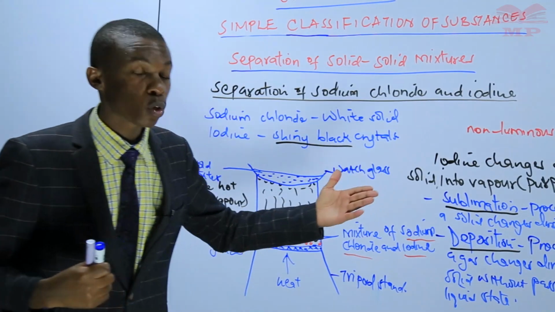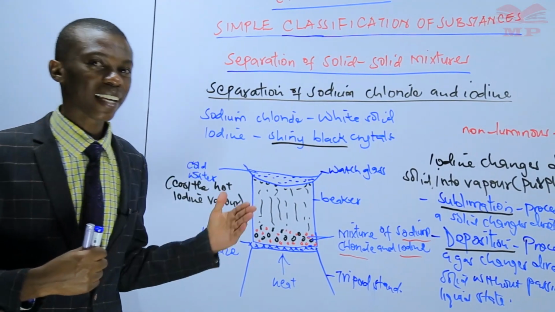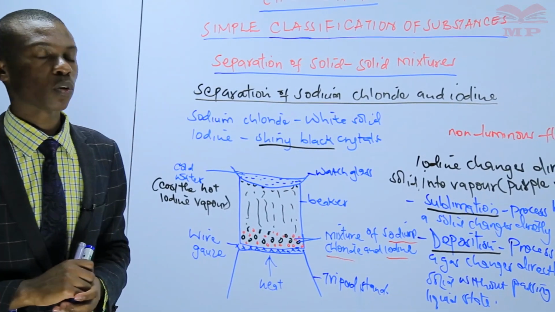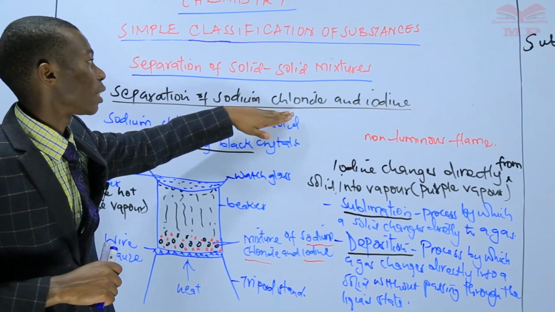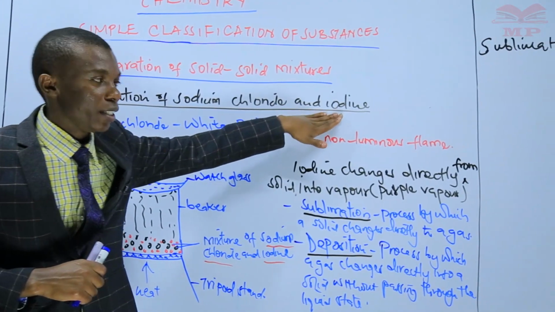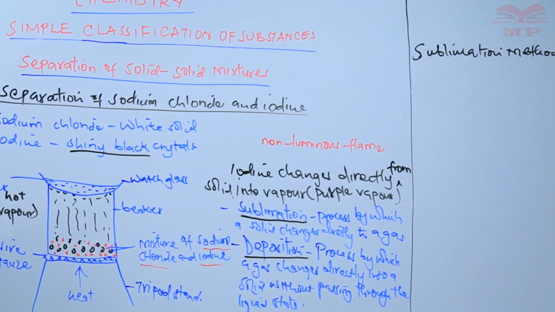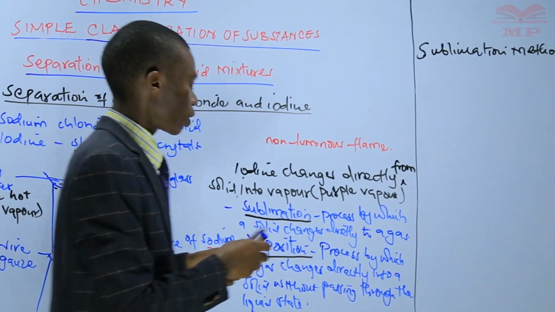Sublimation is that process by which a solid changes directly into a gas. Therefore, sublimation has made it possible for us to separate a mixture of sodium chloride and iodine.